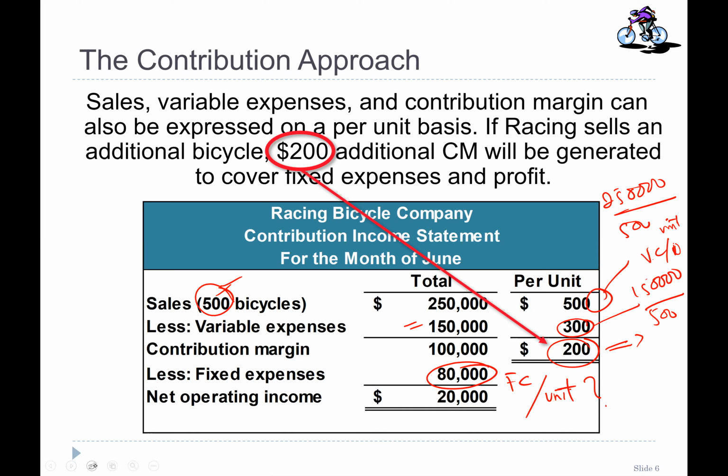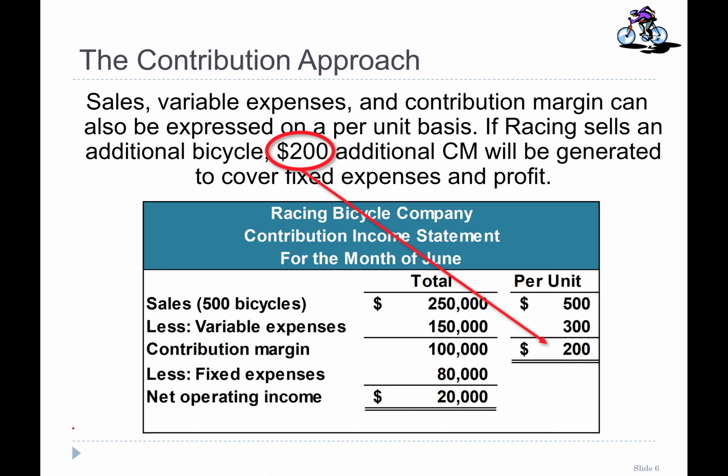The answer is because the behavior of fixed cost is that it stays the same as the level of output increases or decreases. So in total, whether you produce 500 bicycles or 1,000 or 10,000, fixed cost remains the same.